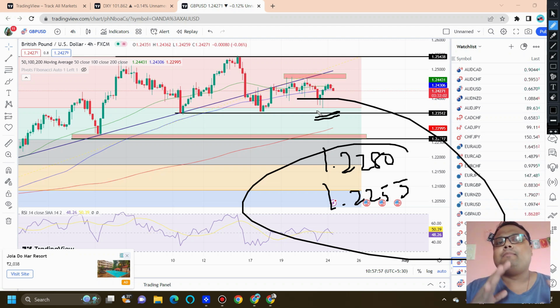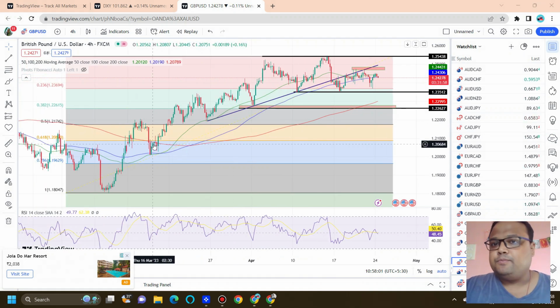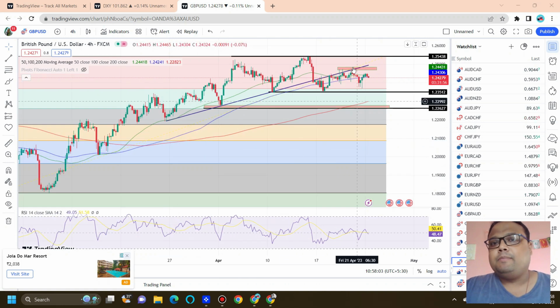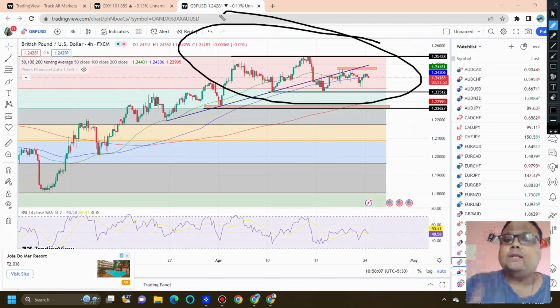Overall, the market is still bullish because the chart is bullish. We cannot deny the fact, but right now we can see the market is sideways. The overall trend of the market is bullish, but the present trend of the market is sideways. So if the market goes for some stop loss hunting, we can go for some quick sell opportunity. But overall, I'm still bullish because there is no news that will bring a complete trend reversal on GBP.